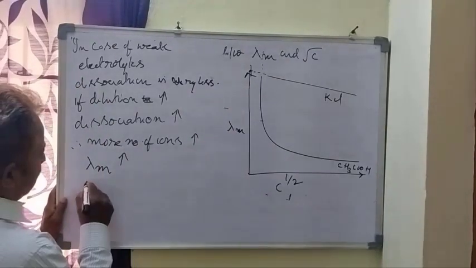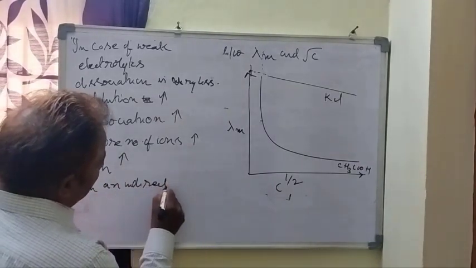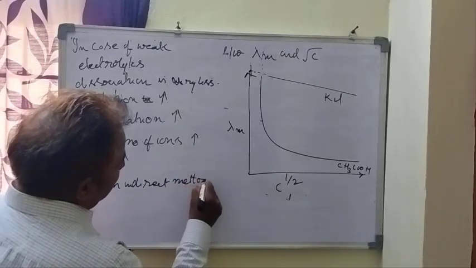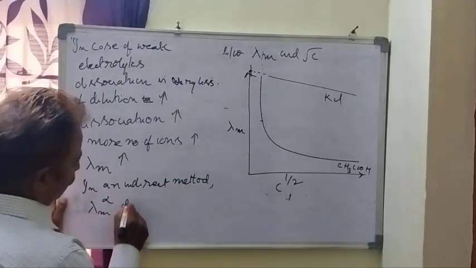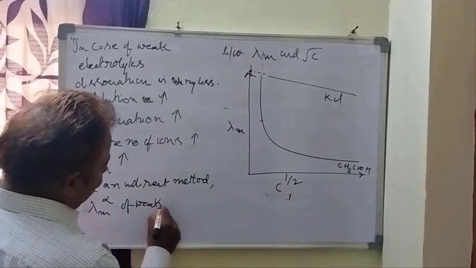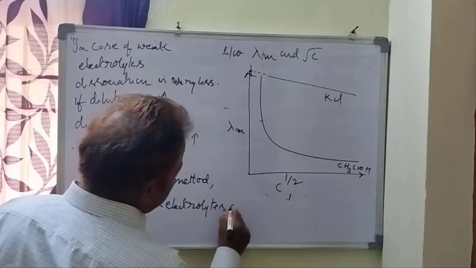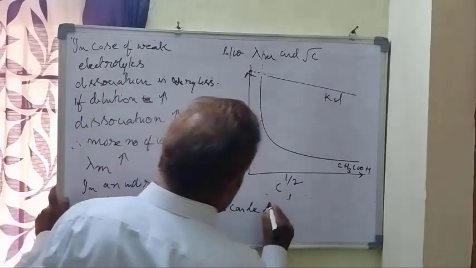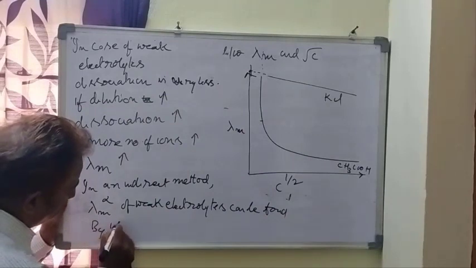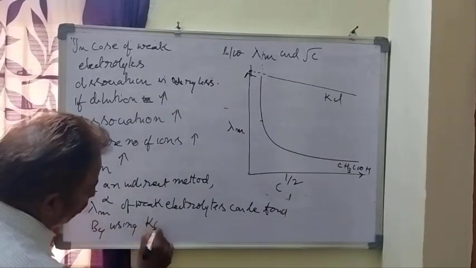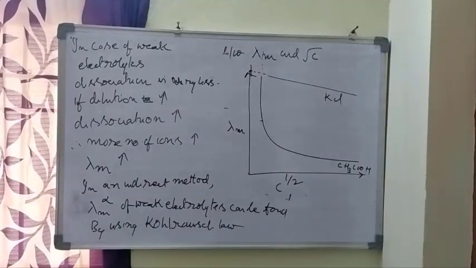Therefore, in an indirect method, lambda m infinity of weak electrolytes can be found. That is by using Kohlrausch law. So now let us discuss Kohlrausch law.